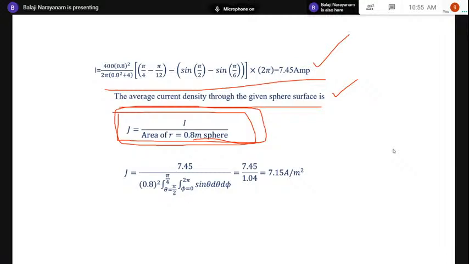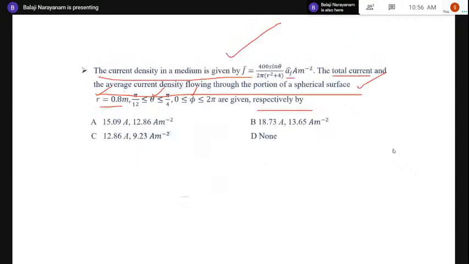So we may take the differential of the spherical surface as r square sine theta d phi. So you have 0.8 whole square, and the variation of theta is pi by 2 to pi by 4, and phi variation is 0 to 2 pi.